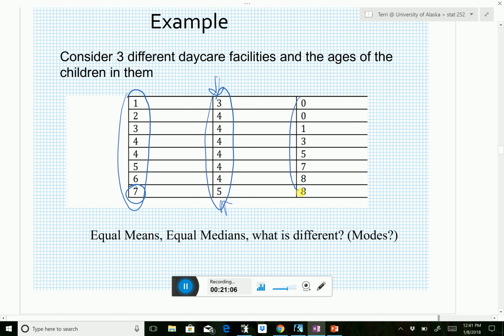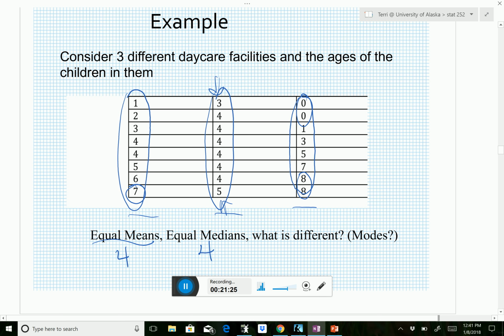This one has very different ages, 2 infants and 2 school-age kids, 8 years old. So we have 3 different daycares. Now, the means are equal. The means are 4, by the way. The medians are also equal, the medians are 4.